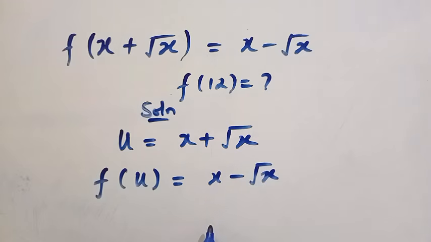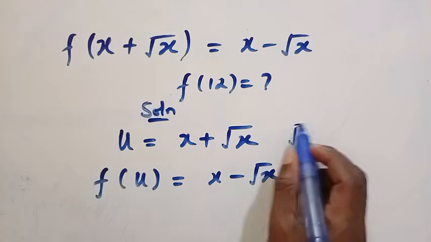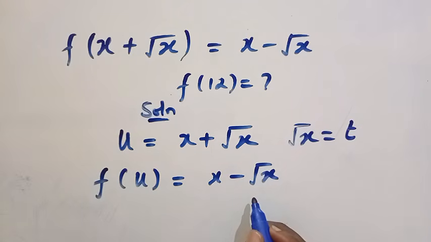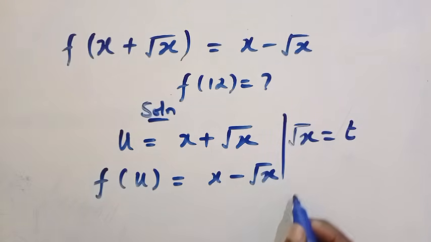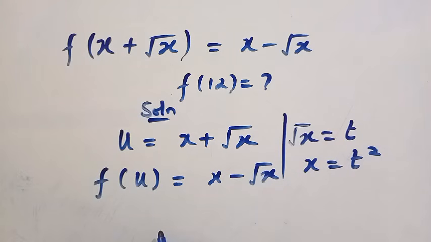But we want to express this one also in terms of u, which will not be very easy for us to do. Assume I let root x equal another variable, which is t. Then we are going to have x equals t squared.